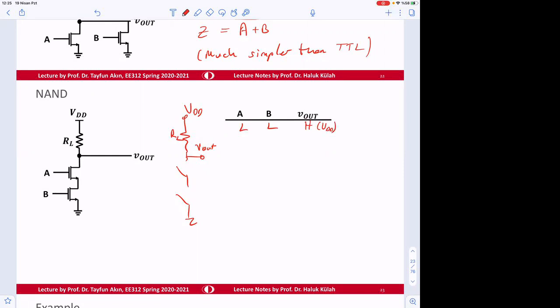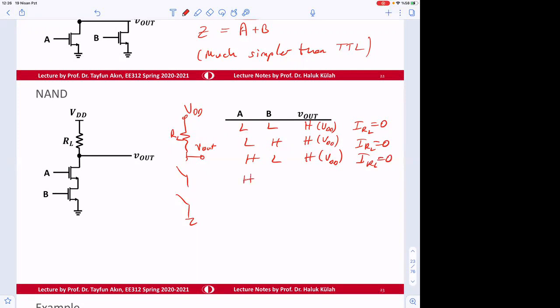Okay. If low and high, still current cannot go. Again here IRL is going to be 0. So high, VDD. High, low, again high, it's going to be VDD because IRL is going to be equal to 0.